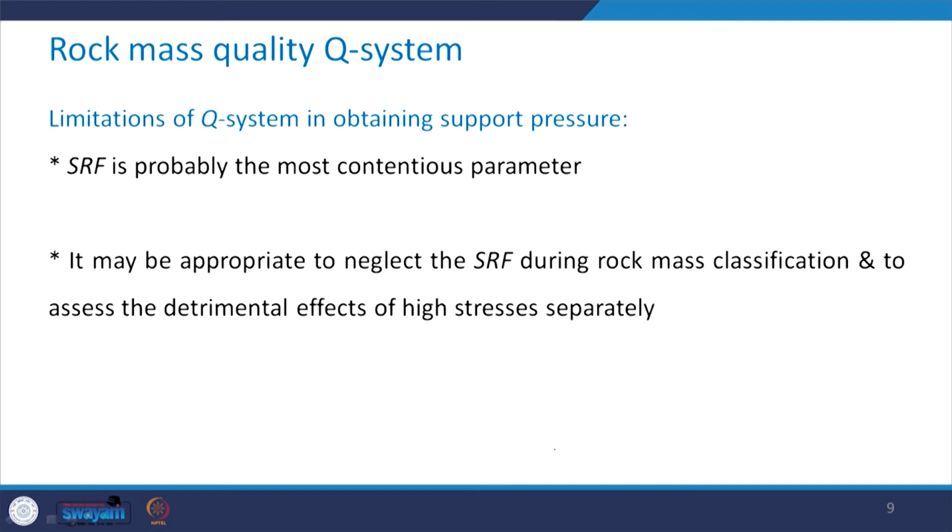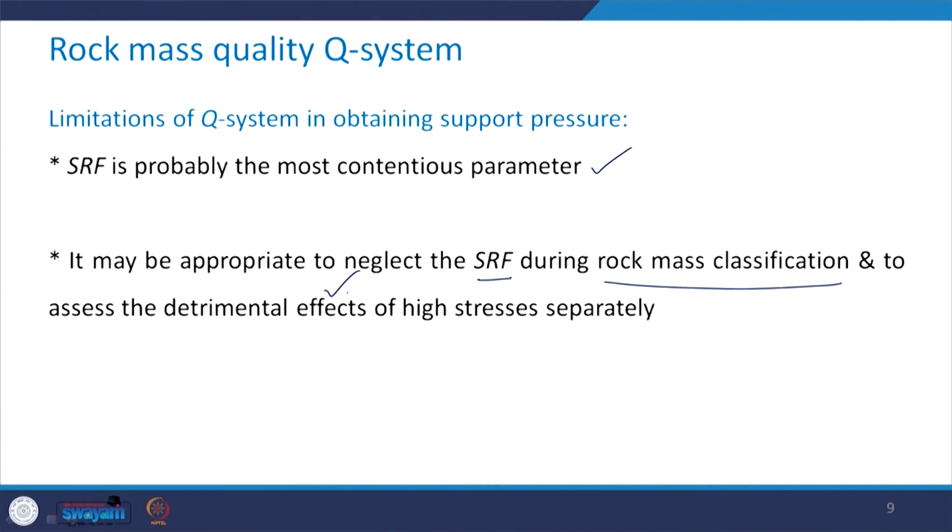Some of the limitations while obtaining the support pressure as far as the Q system is concerned include, with respect to SRF, that the SRF is probably the most problematic parameter here in the evaluation of Q. So it may be appropriate to neglect this SRF during the classification system and to assess its detrimental effects of high stresses separately during the analysis.